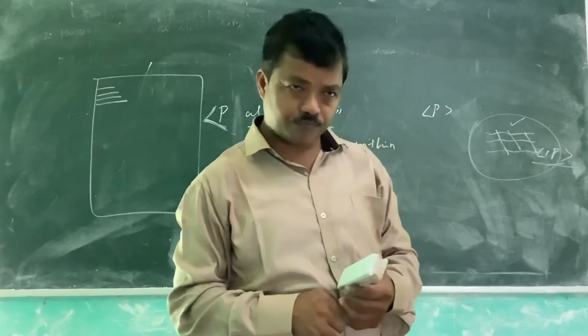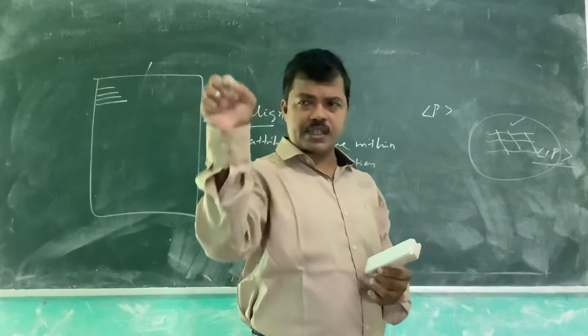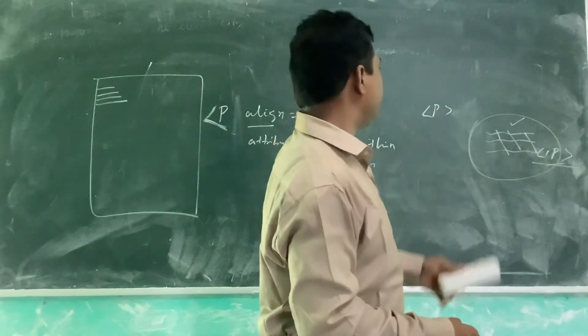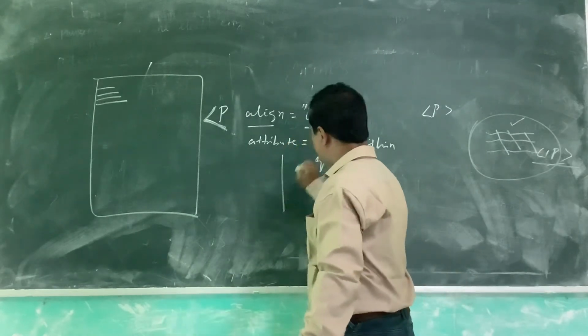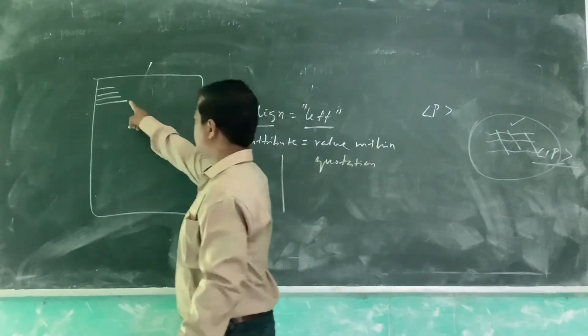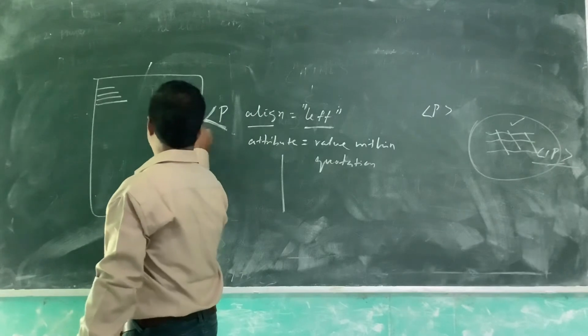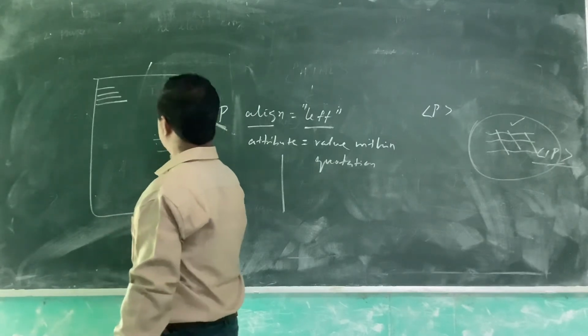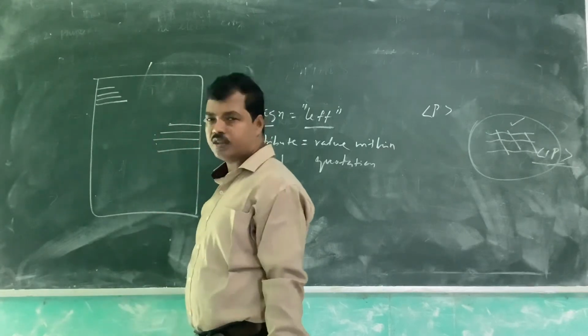That means without making zigzags: in left align, the left margins are smooth and the right margins are zigzag. In right, the right margins are smooth and the left edges are zigzag.